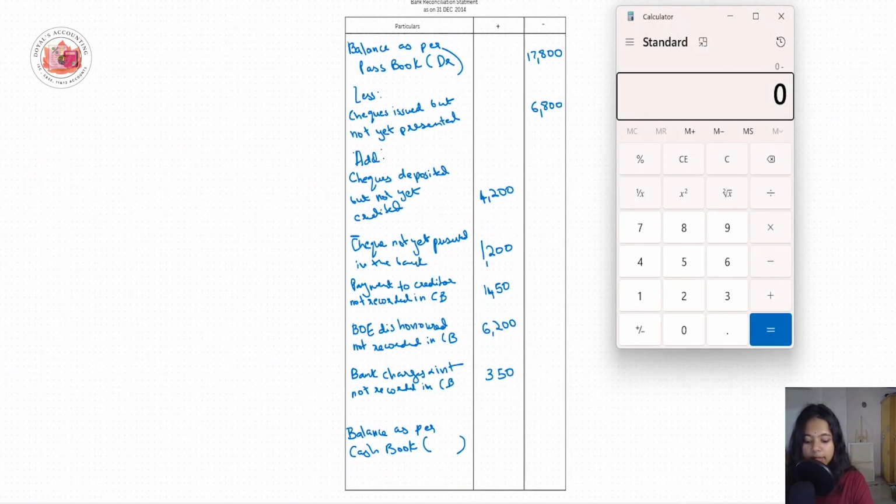So minus 17,800 minus 6,800 plus 4,200 plus 1,200 plus 1,450 plus 6,200 plus 350 gives me a balance of credit cash balance 11,200.